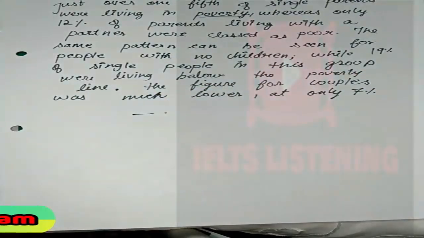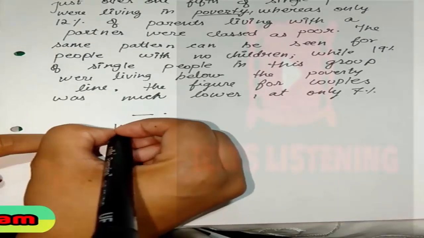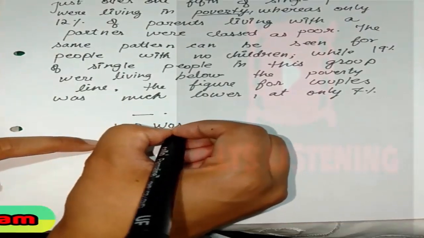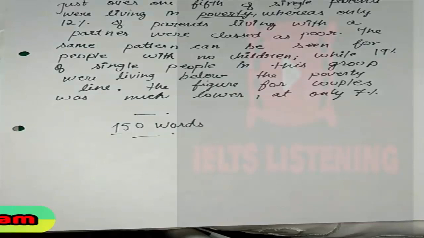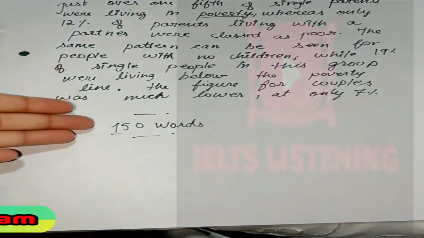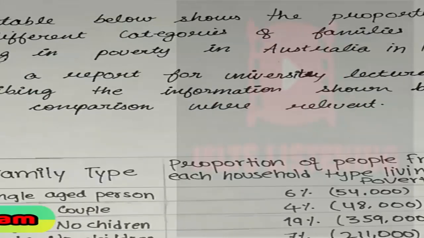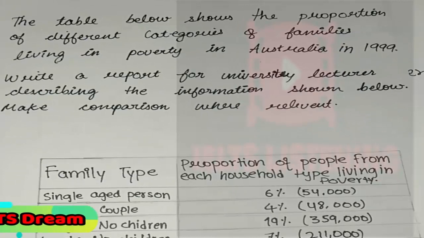So friends, the word count is important. The essay I have written here is of 150 words. You can also write more than 150 words, but you have to write at least 150 words, not less than this. So candidates, this is the question and this is the table which I have explained, and I have written the answer in front of you.